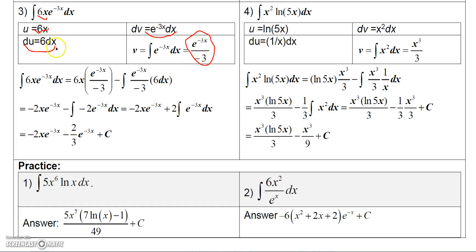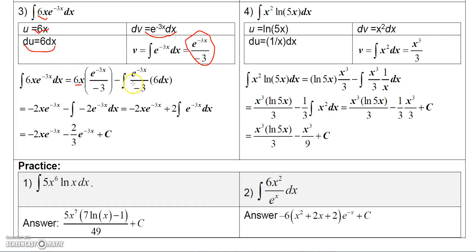Okay, so now this integral should equal uv, so there's the u, 6x, and the v is e to the minus 3x over minus 3, then minus the integral of v, which is right here, times du, which is 6dx.